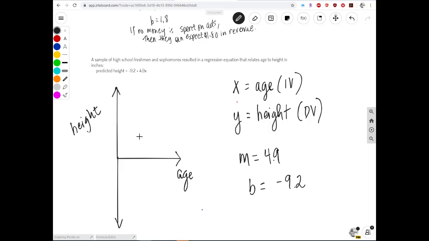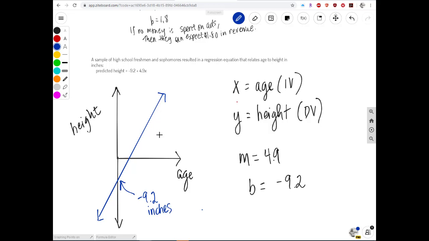Okay, so this line of regression is going to cross the y-axis somewhere down here. I'm just going to try to draw a line as best I can, like this. Okay. All right, so it crosses down here at negative 9.2 inches.